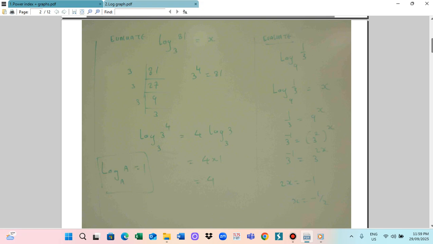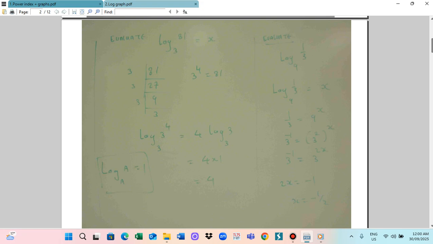Okay, another one: evaluate log 1 third base 9. In this case, you have to convert it to the exponential form.